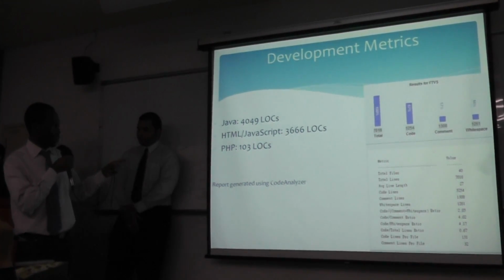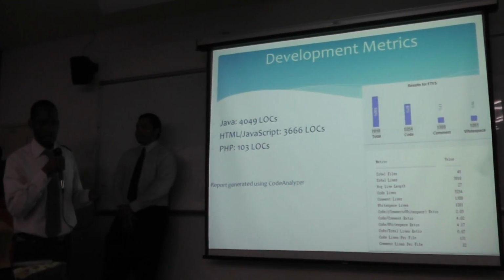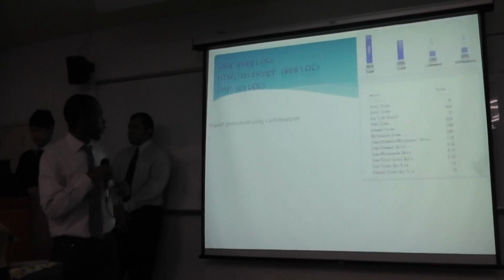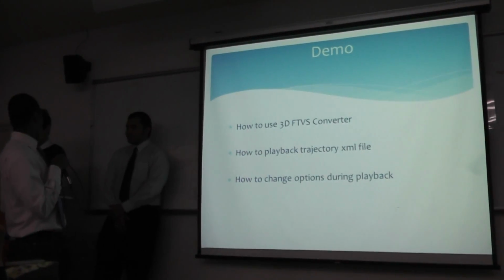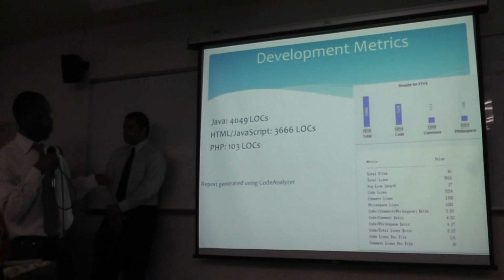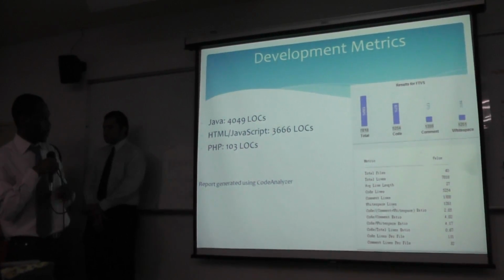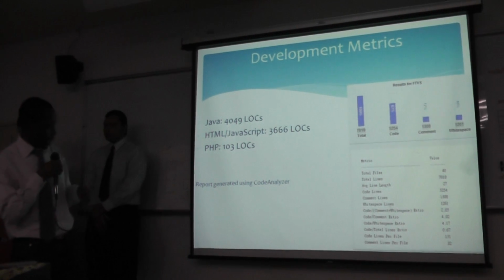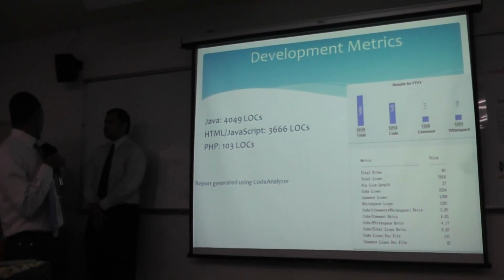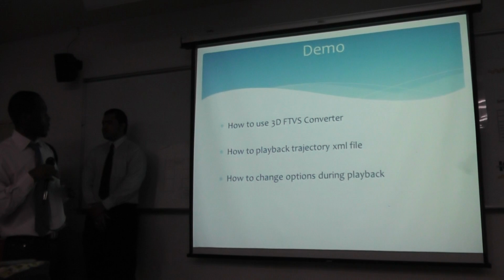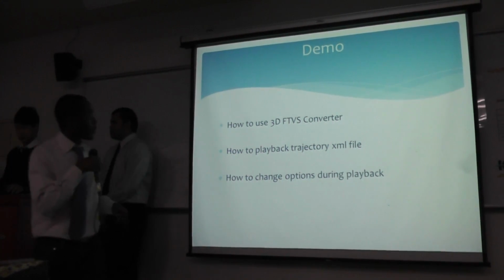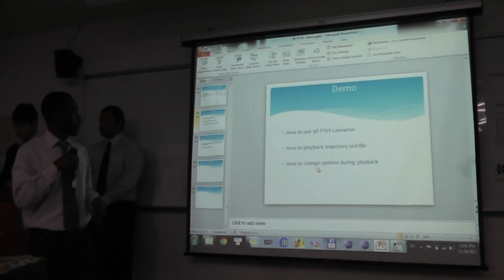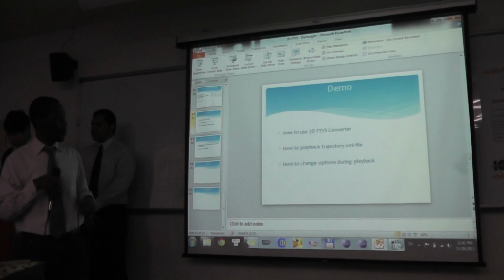And finally, we have PHP lines, which are 103. The software that we used to generate this analysis is called Code Analyzer. Now we can show you the demonstration of our system.